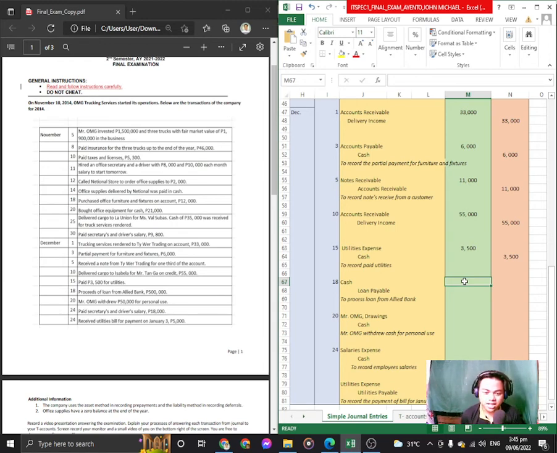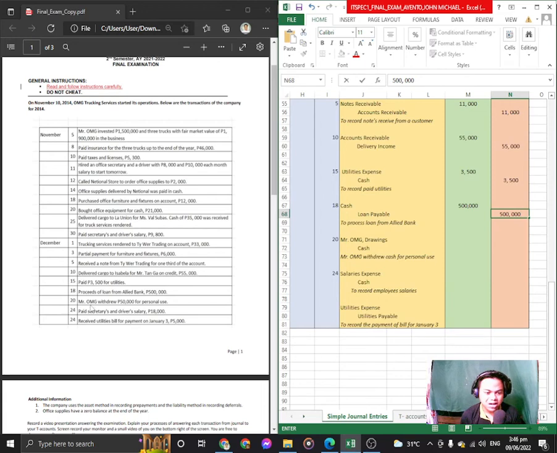So kwarta, so cash. So the total amount of the 500,000 pesos. And then ang tawag ato niya is loan. Pag ano na to siya ha, for the credit is loan payable. Nga amount gihapon siya og 500,000 pesos. Okay, to record the proceeds of loan from Allied Bank.